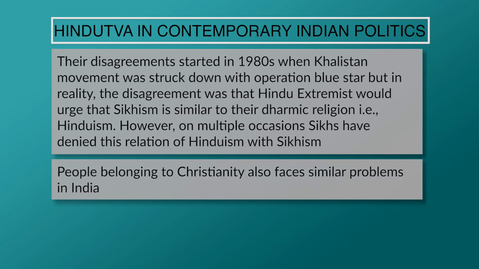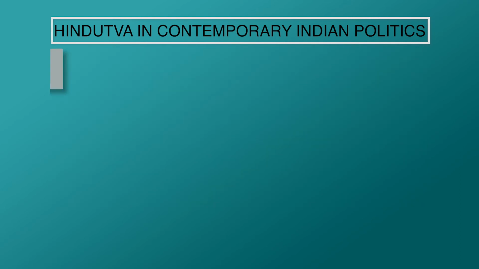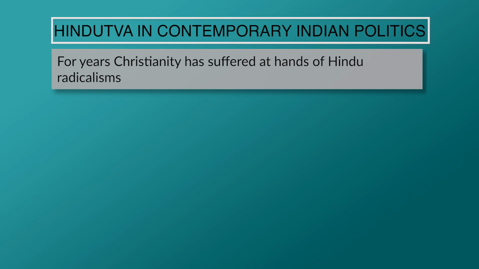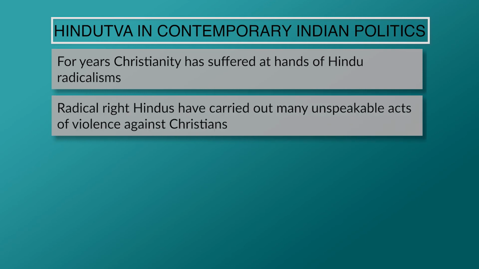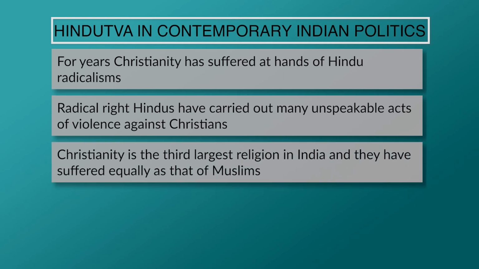People belonging to Christianity, on the other hand, also face similar problems in India. For years, Christianity has suffered at the hands of Hindu extremists. Radical right Hindus have carried out many unspeakable acts of violence against Christians. Christianity is the third largest religion in India, and they have suffered equally as the Muslims.